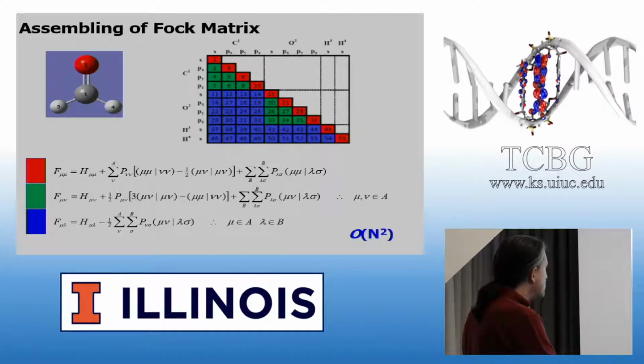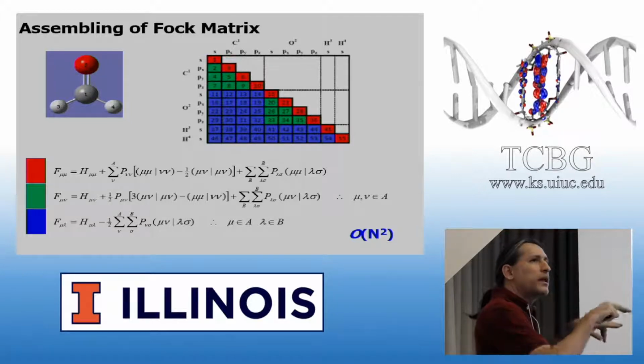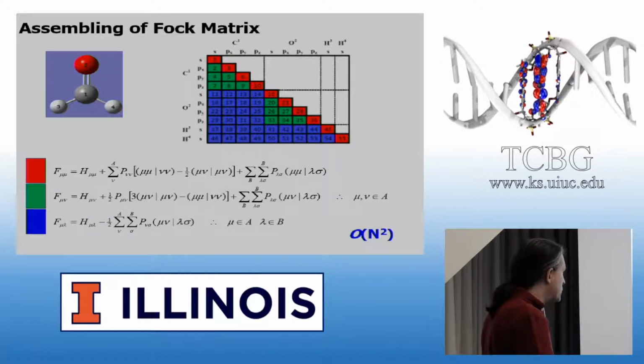For one-center diagonal elements, you use this type of expression. This is for NDO-like semi-empirical methods. And this expression you use to calculate this part of the Fock matrix.